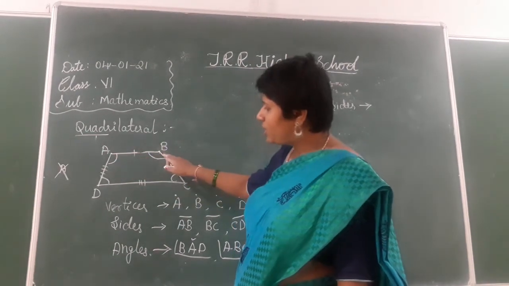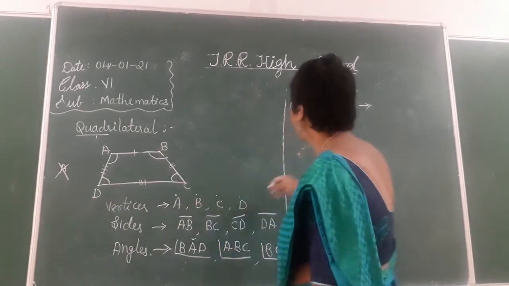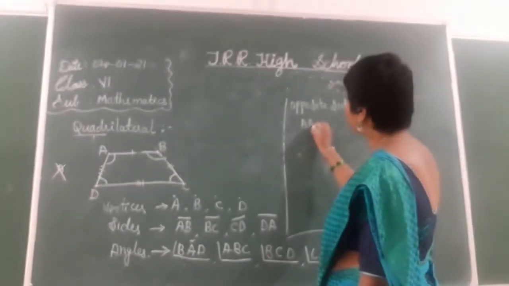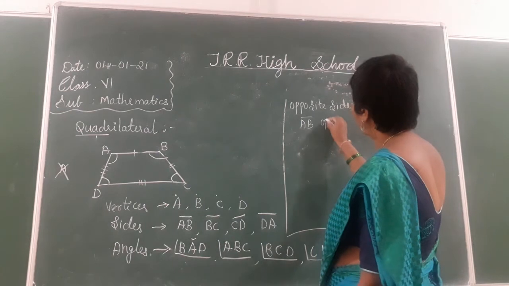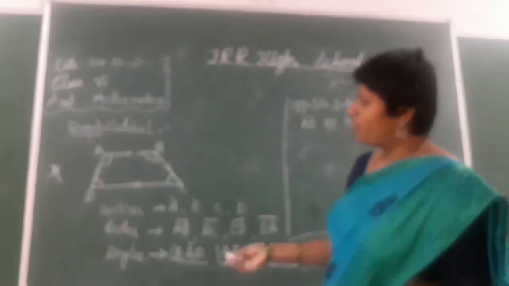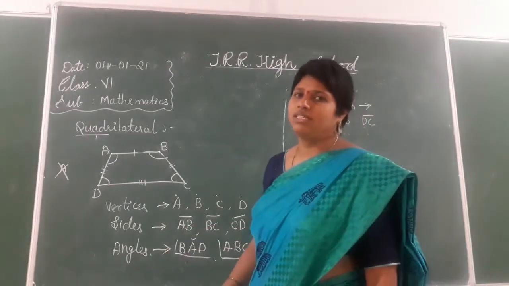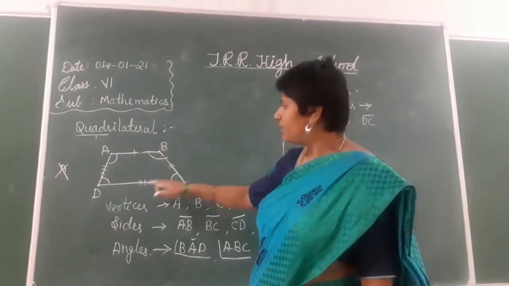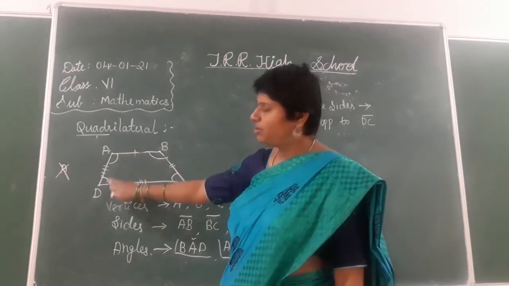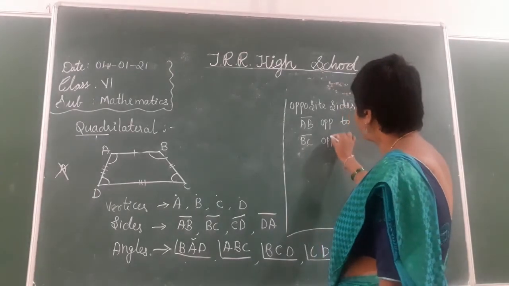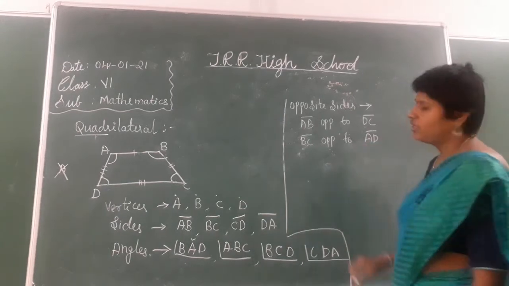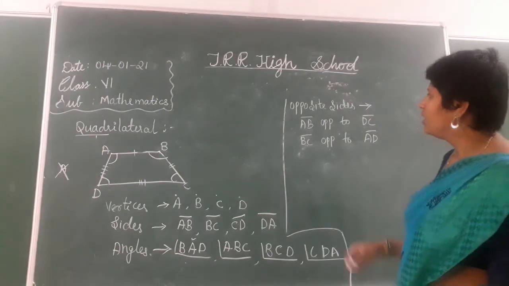So AB is opposite to DC. Now in the same way, find out the other pair of opposite sides. BC is opposite to AD.